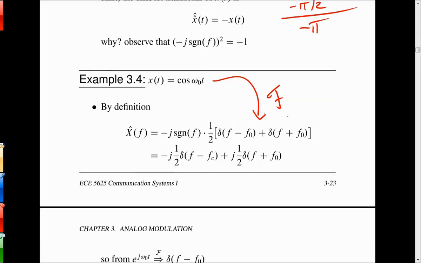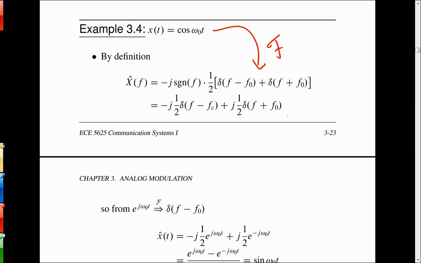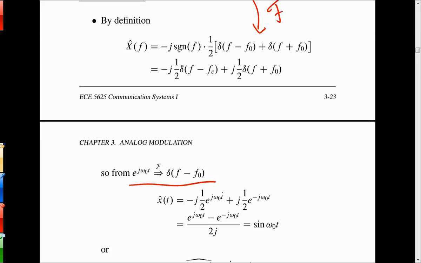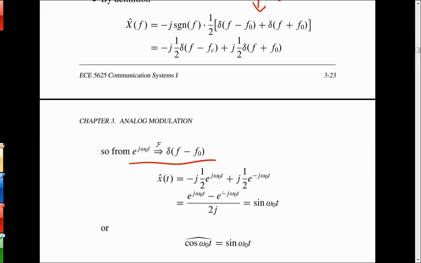And then you can put that back together again using this Fourier transform pair. And when you put it back together again, sure enough, you get a sine, which is no real surprise, because you already know the trig identity.